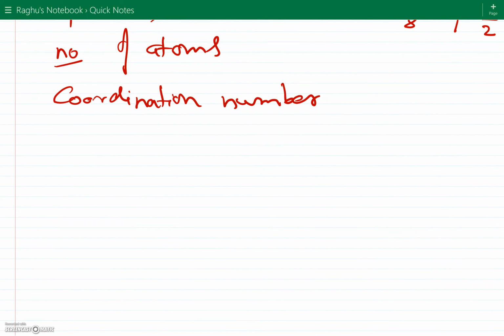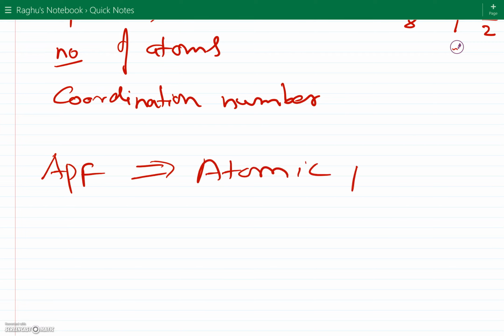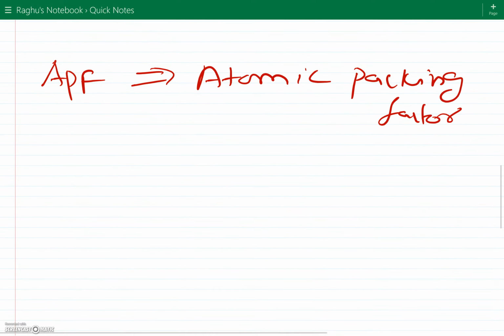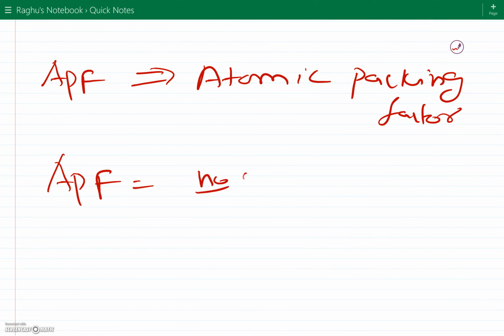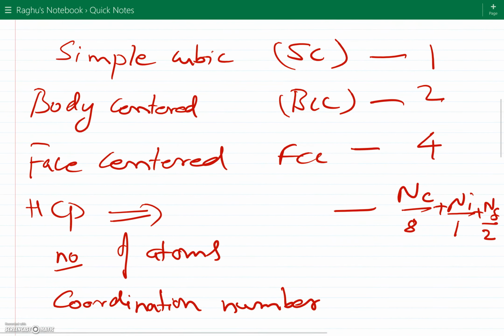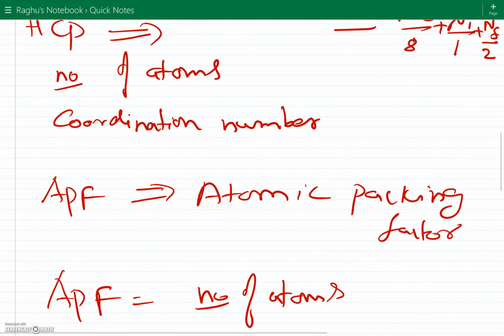Then we have to calculate the APF, which is the atomic packing factor. The atomic packing factor is basically how well the atoms pack inside the unit cell. You calculate it by knowing the number of atoms in the unit cell: simple cubic is 1 atom, BCC is 2, FCC is 4.